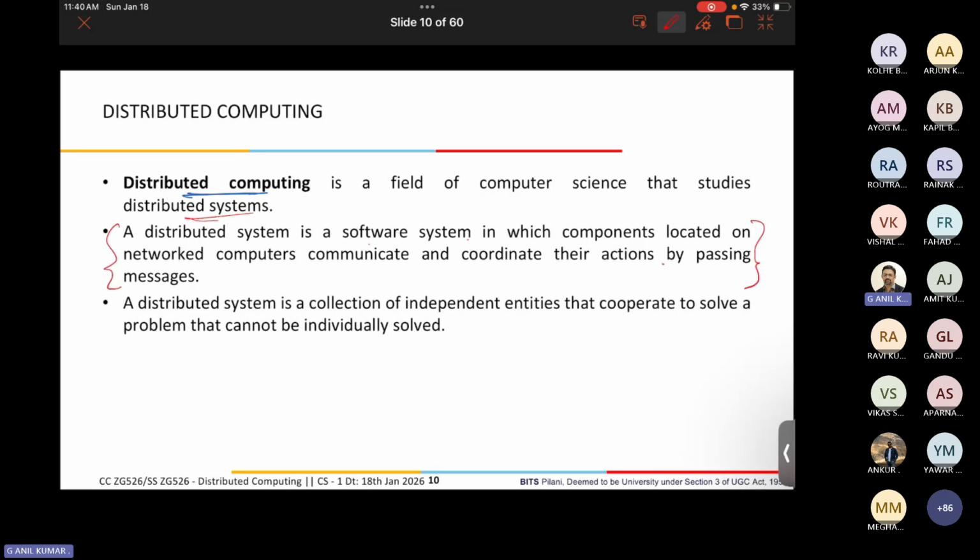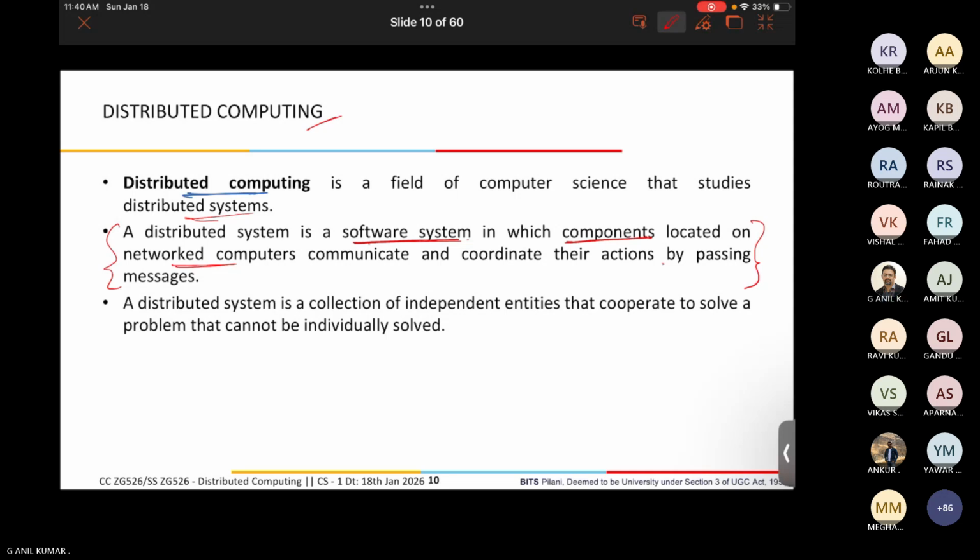Read for yourself for a minute. It's a system, a software system. Meaning, when we speak about distributed computing, it's a software component with components located on networked computers, meaning the hardware at different locations. Machines at different locations are getting connected with the help of software.